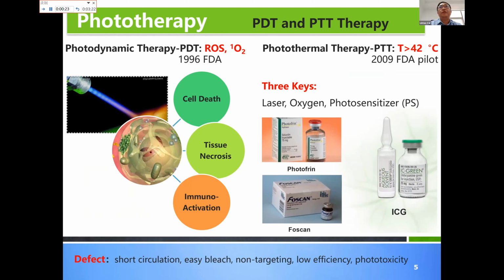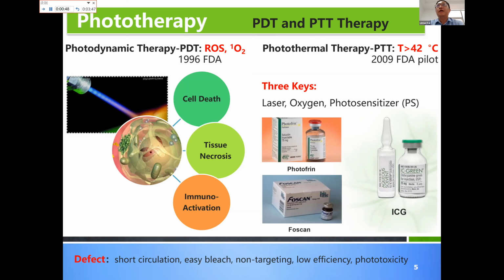This induces cell death, resulting in tissue necrosis and immune activation. But the commercialized small molecule PDT agents, such as Photofrin and Foscan, have some defects: they have short circulation, easily bleach, are non-targeting, and have low efficiency.